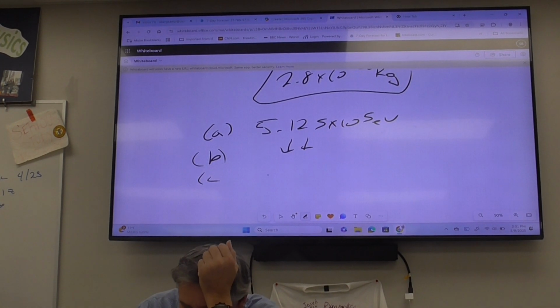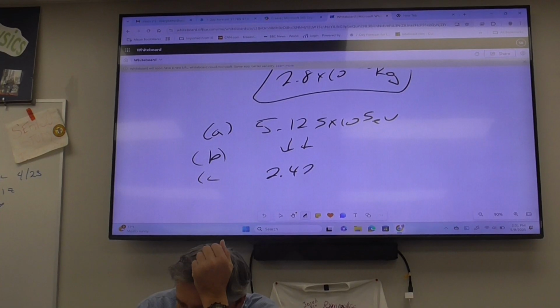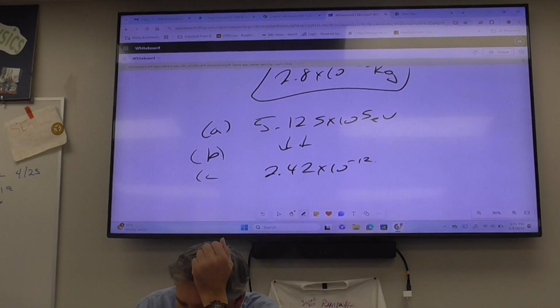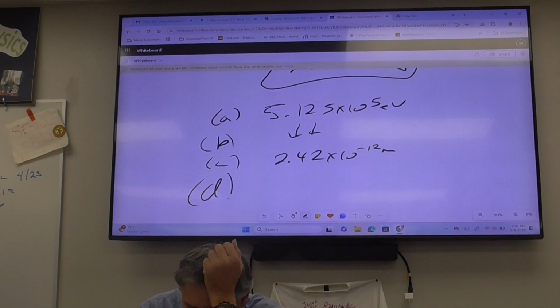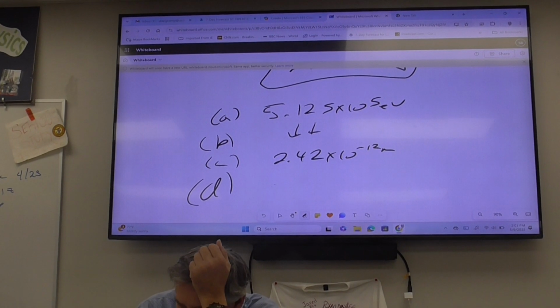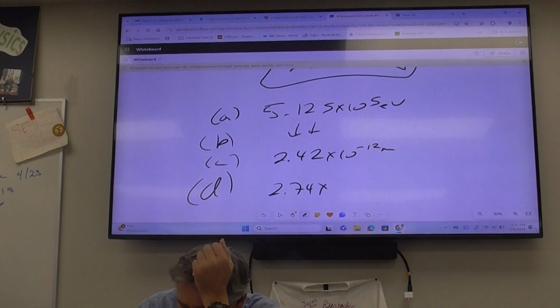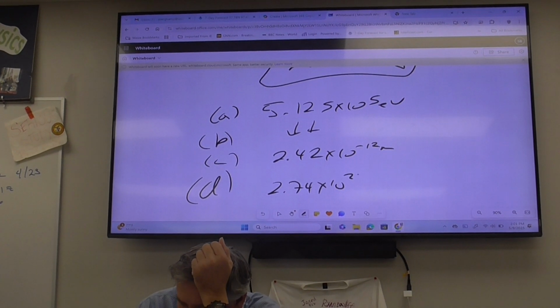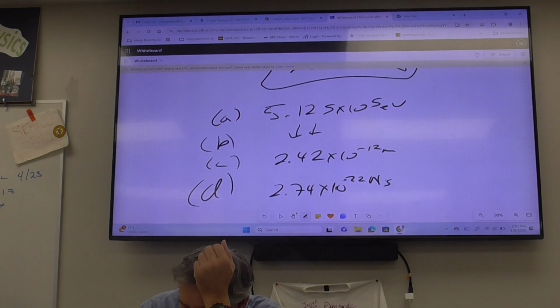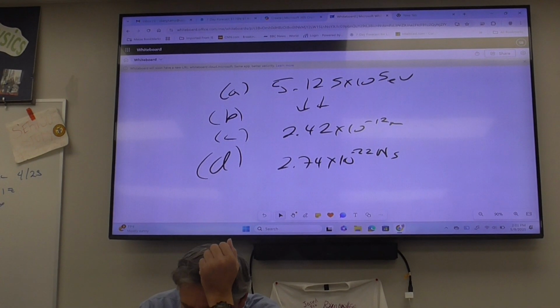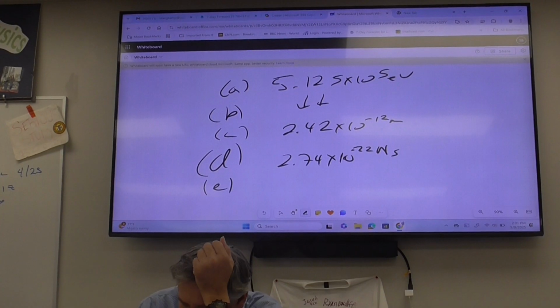C, you get 2.42 times 10 to the negative 12th meters. D, you get 2.74 times 10 to the negative 22nd newton seconds. And then E is just 0.